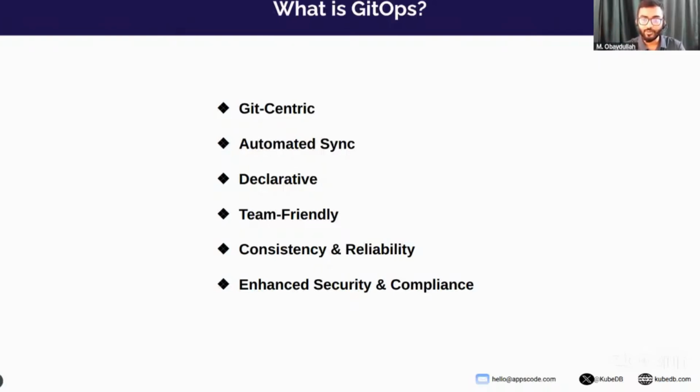It minimizes errors, prevents configuration drift, and keeps your system stable. After that, enhanced security and compliance. It is a very important part of GitOps actually. Finally, in short, GitOps leverages Git's power to automate, streamline, and secure your infrastructure management.